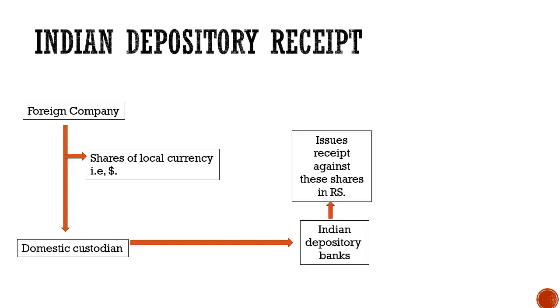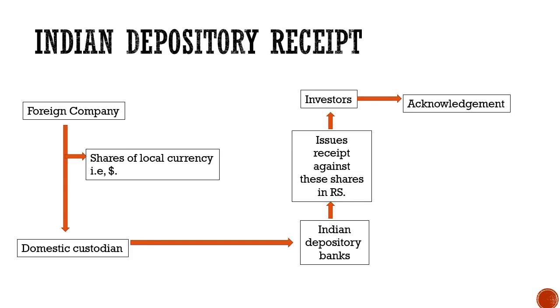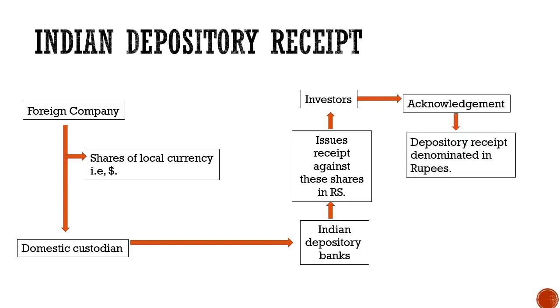The Indian Depository Bank issues receipts against these shares in INR, or in rupees, and then they inform the investors and give them an acknowledgement about the shares they have been credited. The acknowledgement receipt is nothing but the depository receipt, denominated now in rupees. This depository receipt is known as the Indian Depository Receipt.